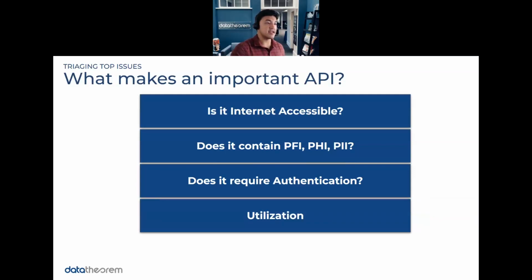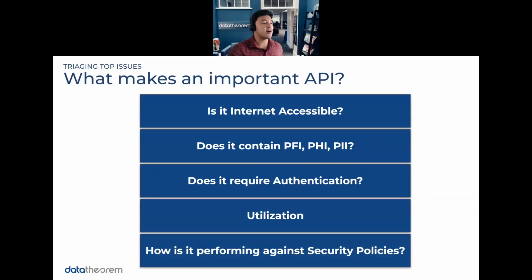Right after that is going to be utilization. We understand the API is internet accessible, has sensitive information, and requires authentication. Now we want to make sure, how often is this API being used? Because if it's an open API and it's being used way more often, by more of our customers, rather than something that's only being called two or three times, that's something we also want to take into consideration when we're triaging our APIs.